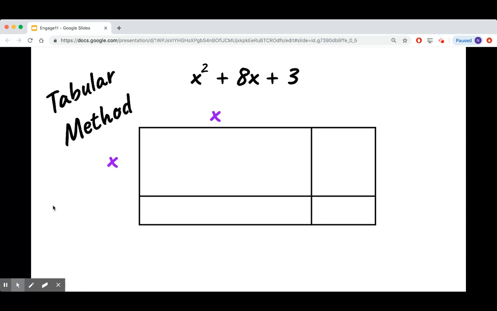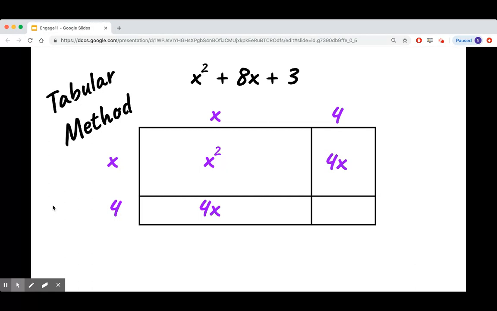We know that we need to multiply 2 x's to get x squared. We also know that to end up with 8x, we're going to need to multiply 4 times x and 4 times x, so that we end up adding 4x plus 4x to get a total of 8x.